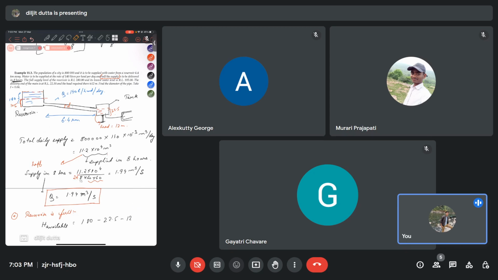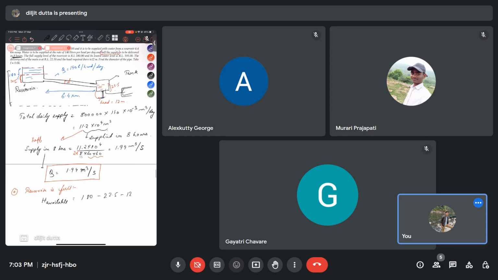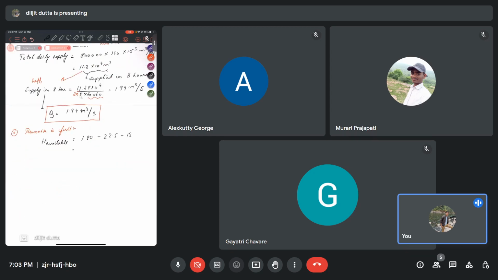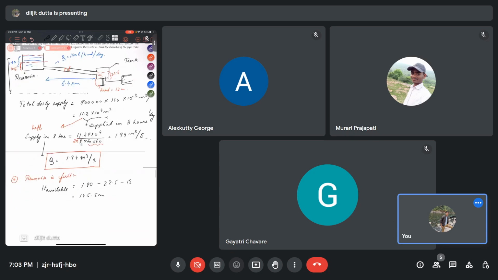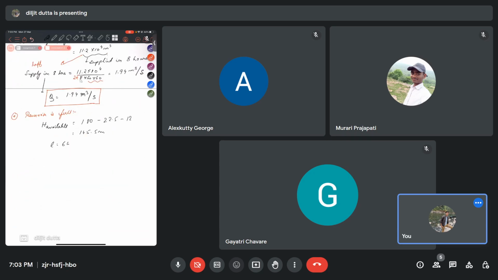Okay, so these 180, 22.5 and 105 are the RL, that is level from the common datum. So the head available is 145.5 meter. Now since we are taking the distance as 6400 meter or 6.4 kilometer, we can neglect minor losses.